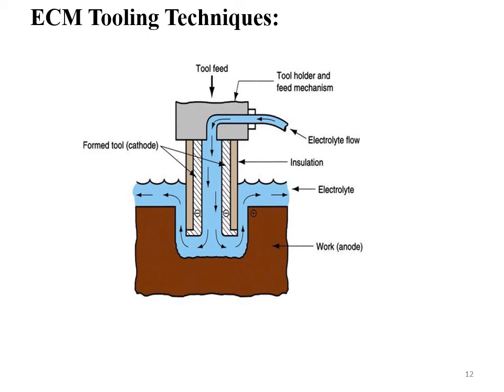In the last video, when I was discussing the shape of the tool, I mentioned very clearly that the shape of the tool should be exactly the mirror image of the shape of the work which is to be obtained on the workpiece.